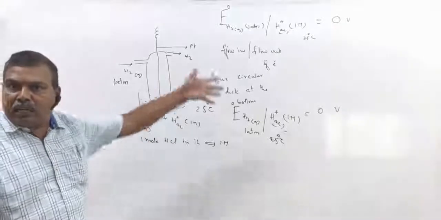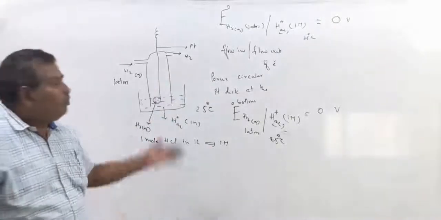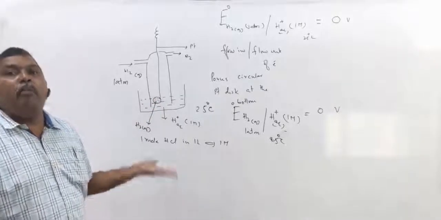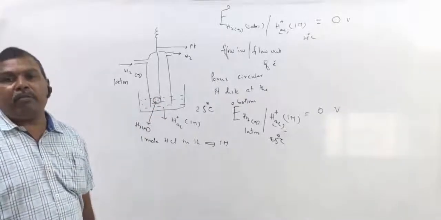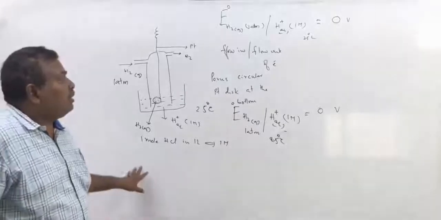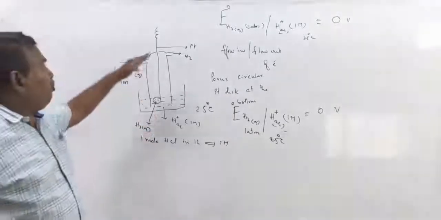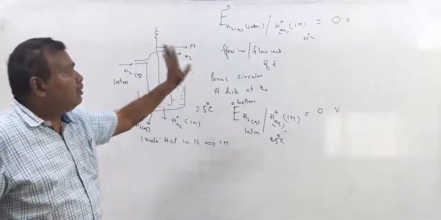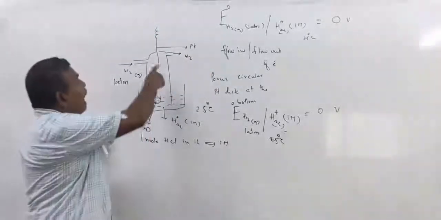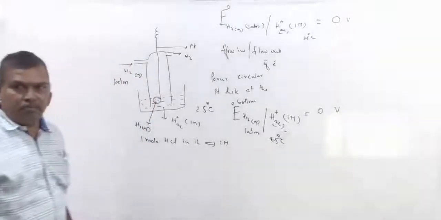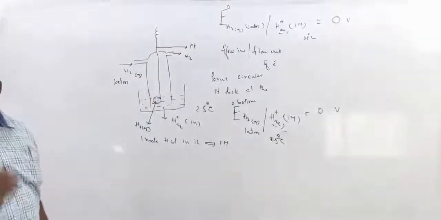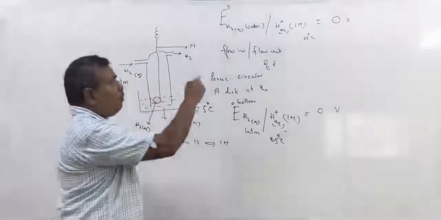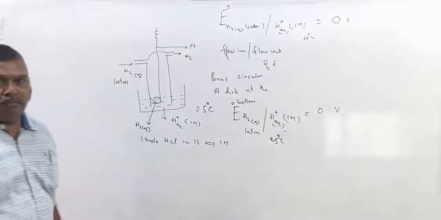So if this is connected to any other electrode, oxidation may take place here, or reduction may take place. We don't know that, right? So that is why, for flow in and flow out of electrons, platinum acts as a medium. Platinum wire acts as a medium for flow in and flow out of electrons. Clear?